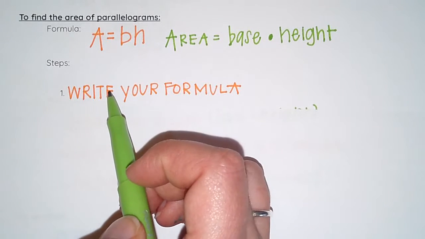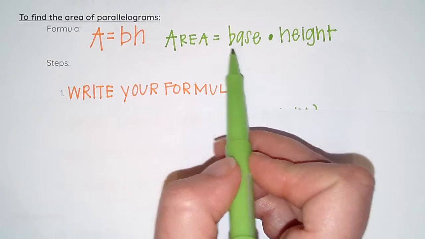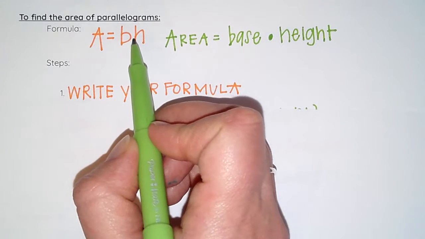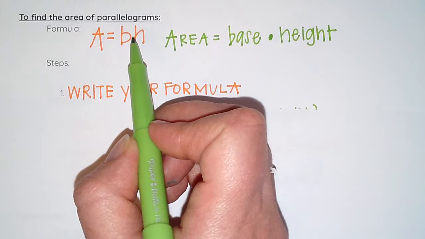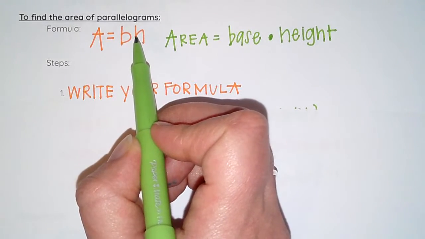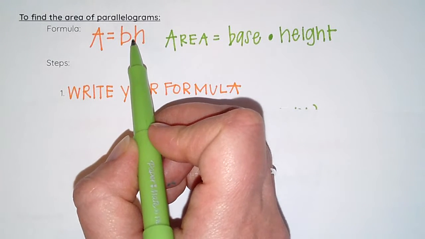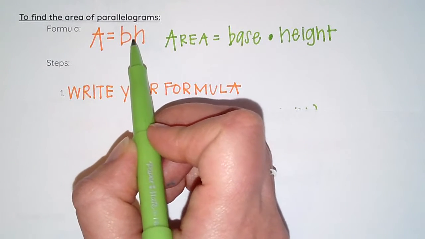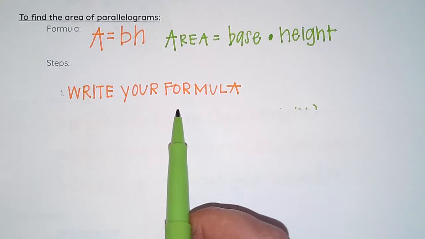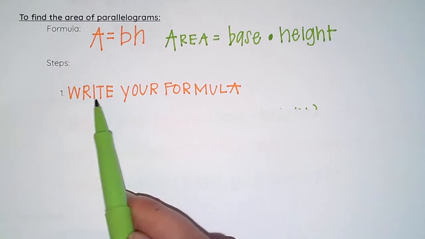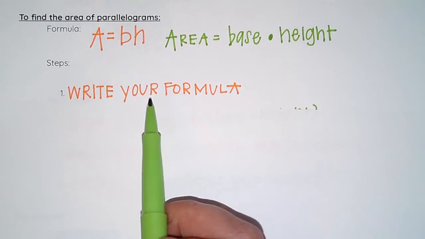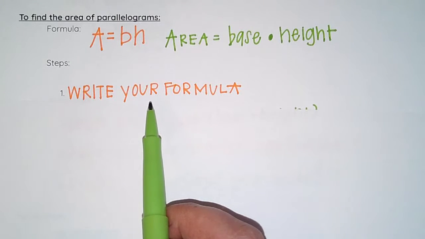The other reason is because we need to find that base and that height, and this helps us remember which pieces we need and really helps us break down that parallelogram a little bit better. And we'll see an example of that in a little bit. Okay, so every single time you are finding the area of a parallelogram, you will write your formula. It should be at the top of every problem you use.